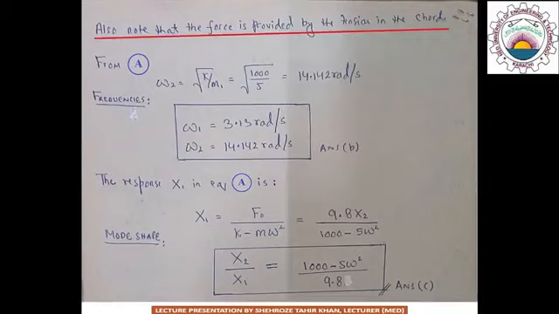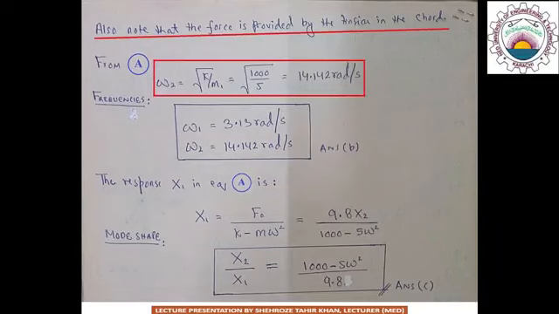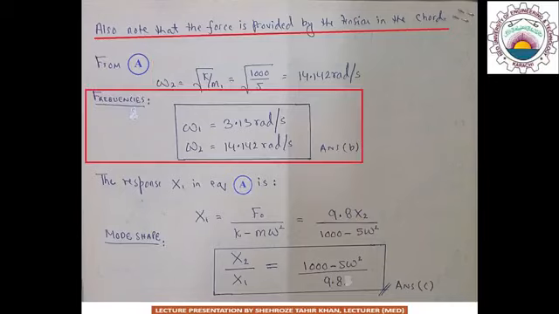So the equation A becomes omega 2 is equal to under root k upon m is equal to under root 1000 upon 5, and omega 2 is equal to 14.12 radian per second. So we have the natural frequencies omega 1 is equal to 3.13 radian per second, and omega 2 is equal to 14.12 radian per second.